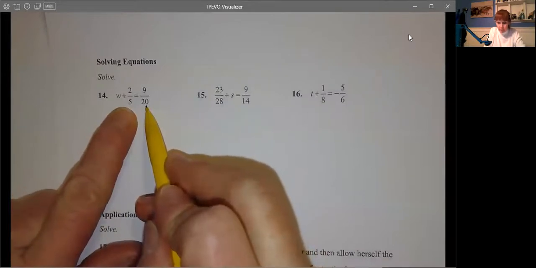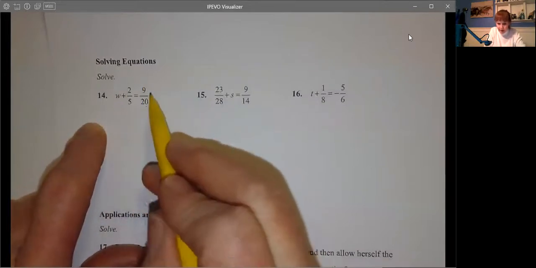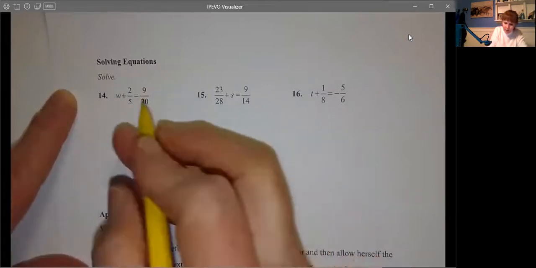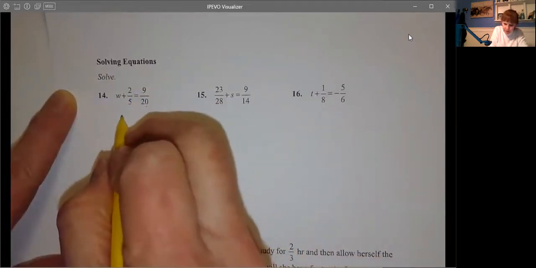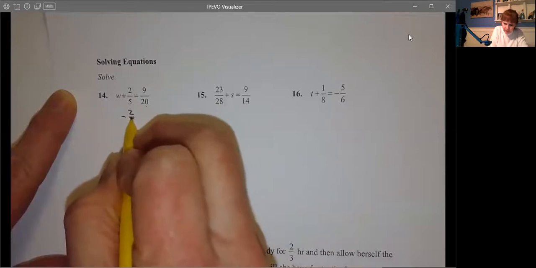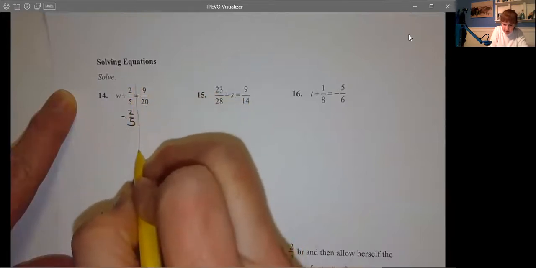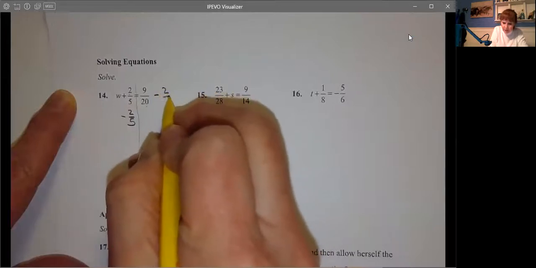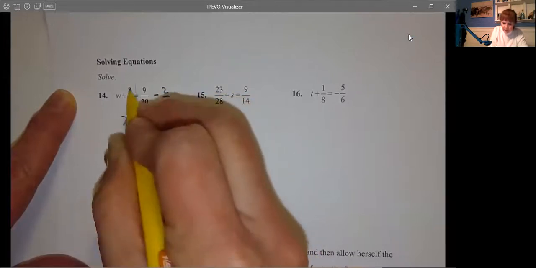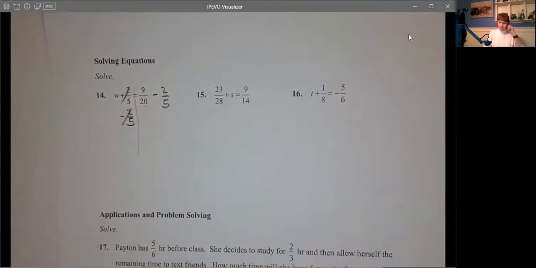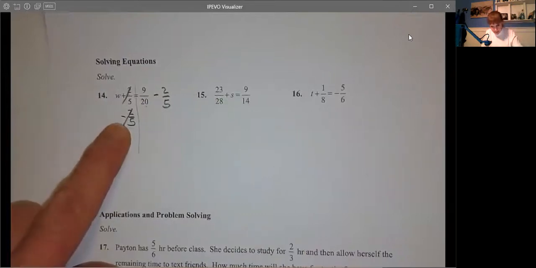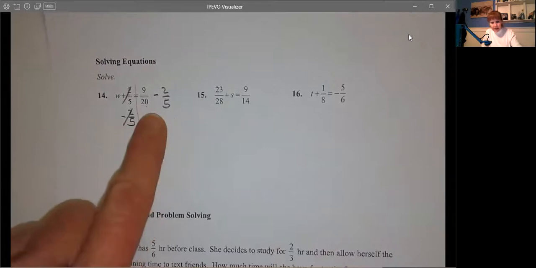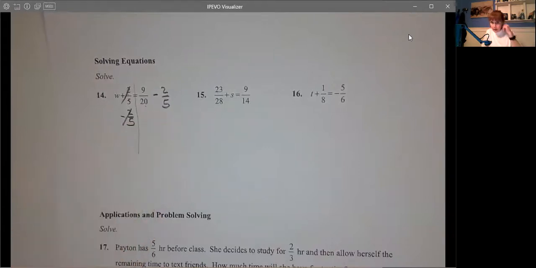But because we only have this one fraction, what they want you to do is to subtract 2/5. To get rid of this plus 2/5, you can subtract 2/5 from both sides. So to get rid of the plus, you have a minus. And then you have to get a common denominator and subtract those.